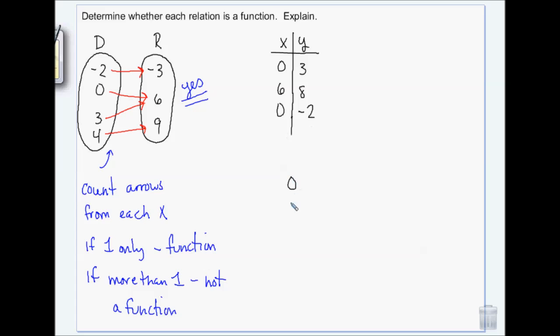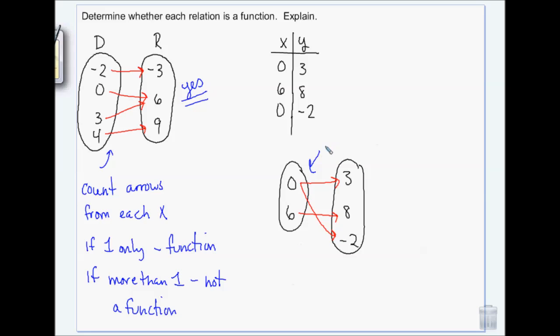Or I can draw a real quick mapping, but when you do that, you only list each one once. So when I do my arrows, 0 goes to 3, 6 goes to 8, 0 goes to -2. I have 2 arrows right there, so it's not a function.